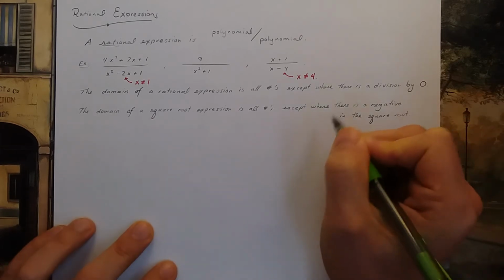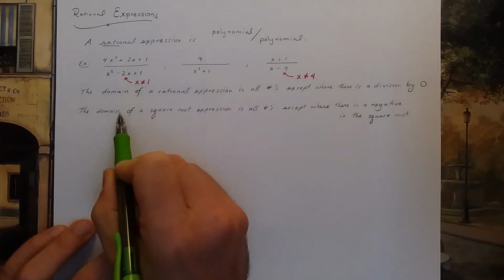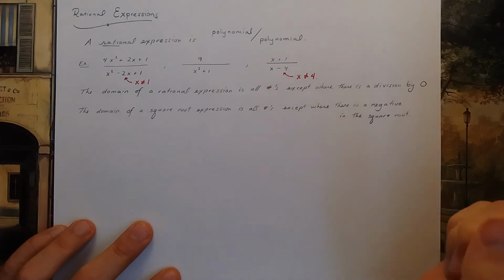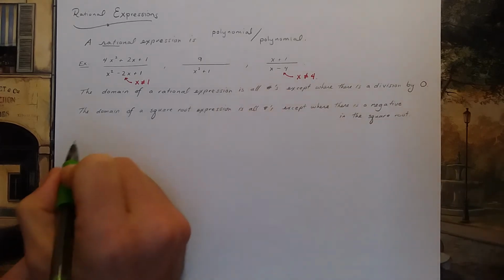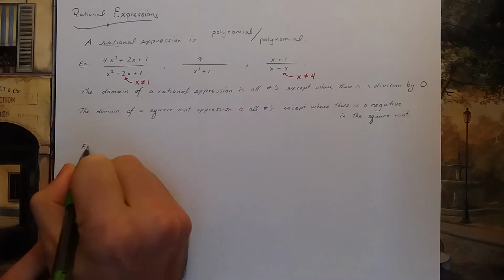I don't want to worry about complex numbers quite yet, so we're going to just say the domain is where you have no negatives in the square root. So let's do a couple of examples of this.